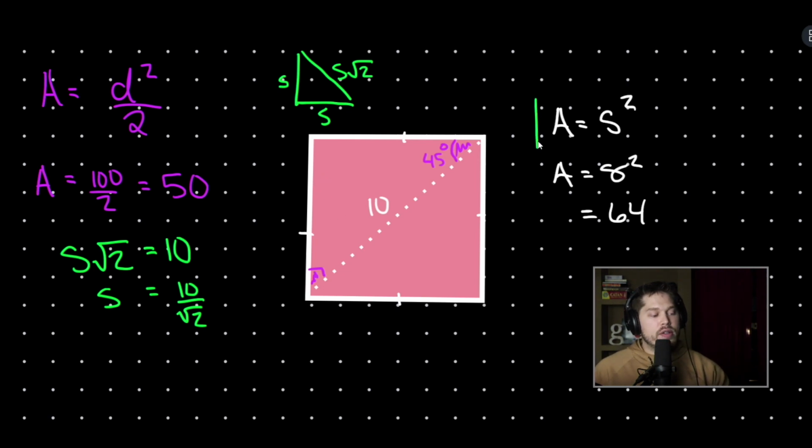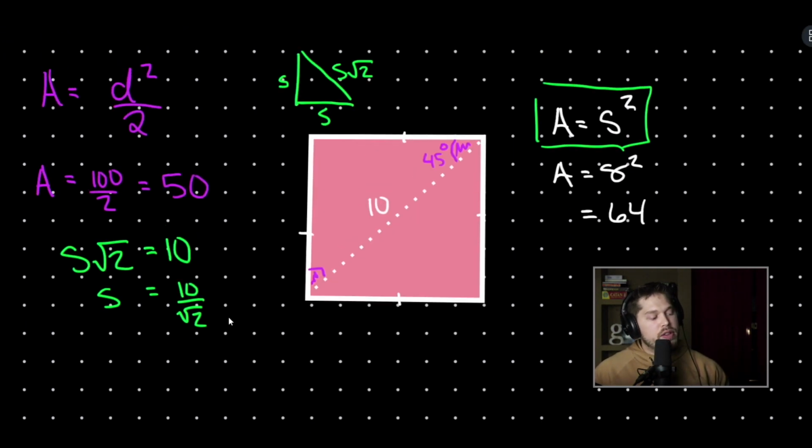And then we can use our normal side squared formula. So what is 10 over the square root of 2, squared? Well, it is it times itself. 10 times 10 in our numerator is 100. Root 2 times root 2 is 2.